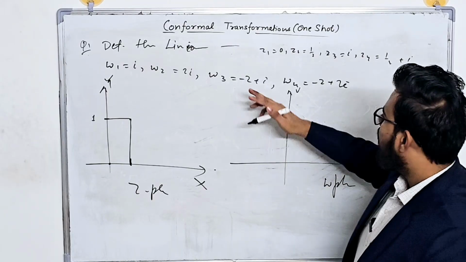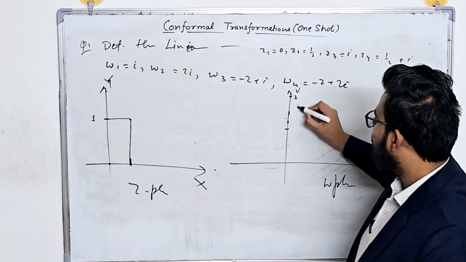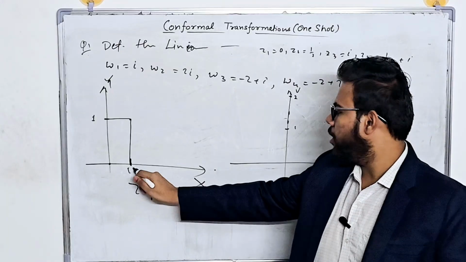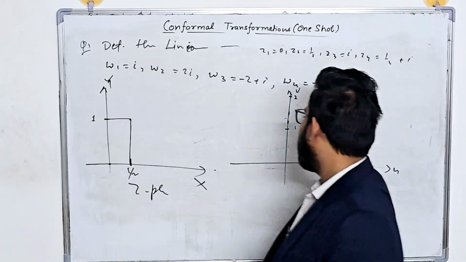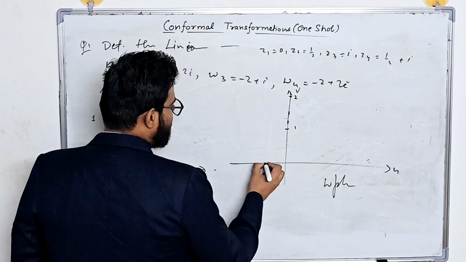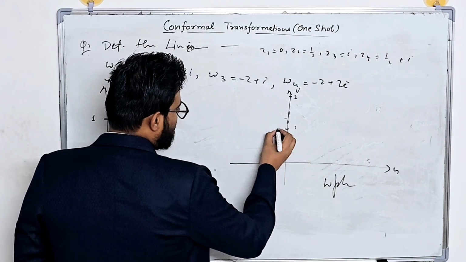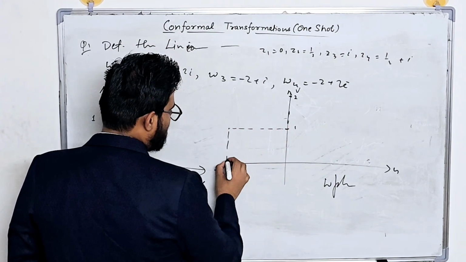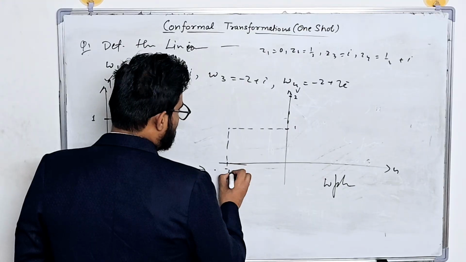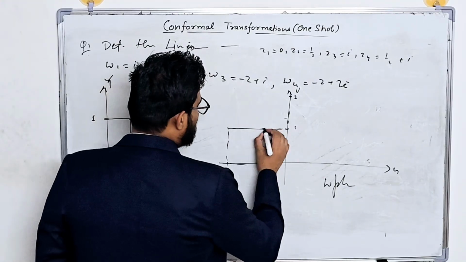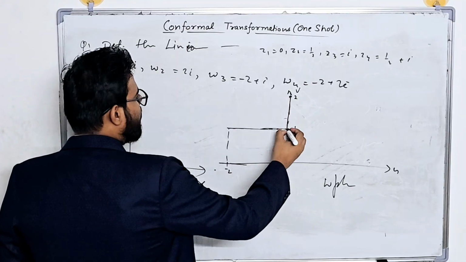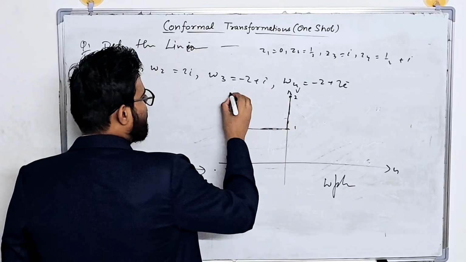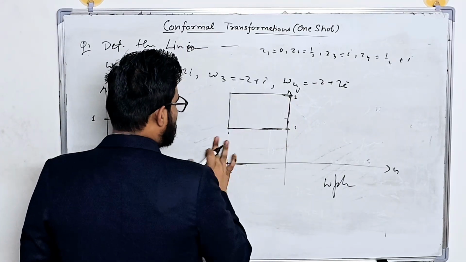Because we have 2i also, and we have 2i over here, right? This is 2, this is 1, okay? This is 1 by 2 over here. And we have negative 2 plus i, so this is 1, this over here. This is negative 2. So negative 2 plus i and negative 2 plus 2i. So basically this is the final rectangle, okay?